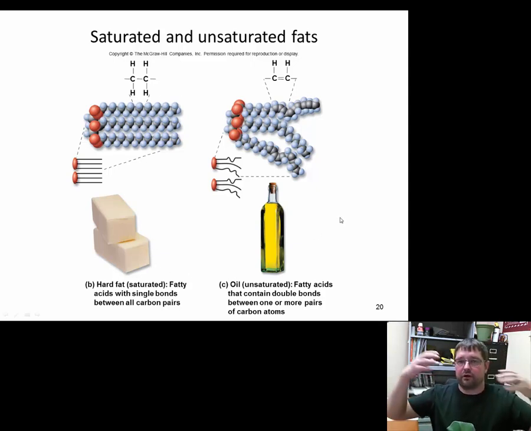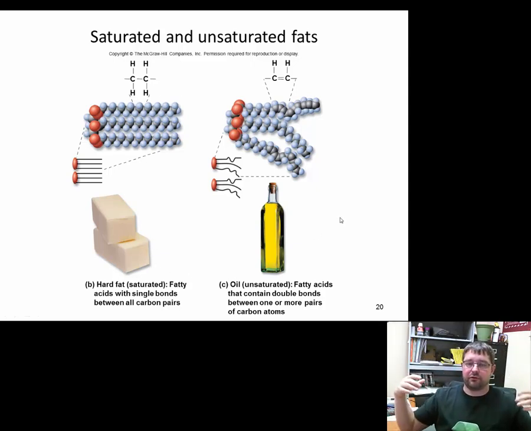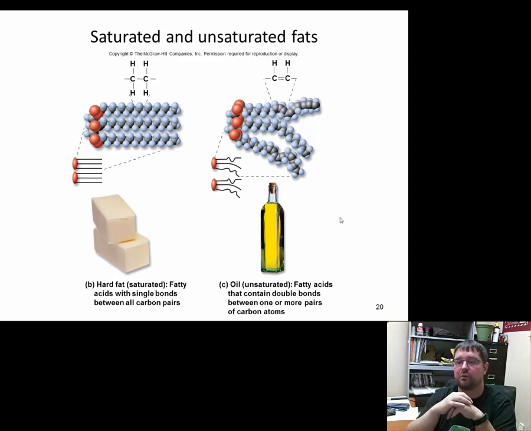And that's really where saturated versus unsaturated comes in, and it depends on the report that you read and who you talk to from a nutrition standpoint on which one's better for you, which one's worse for you. Saturated means it's saturated with single bonds, and unsaturated means that there are double bonds between carbon atoms.